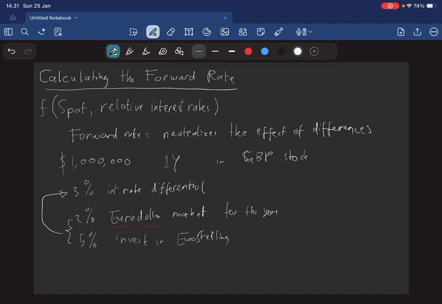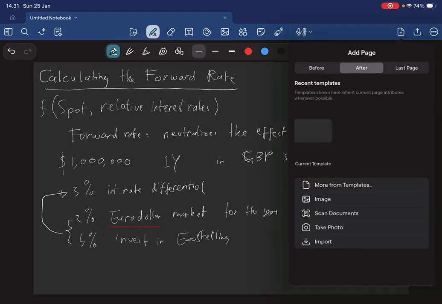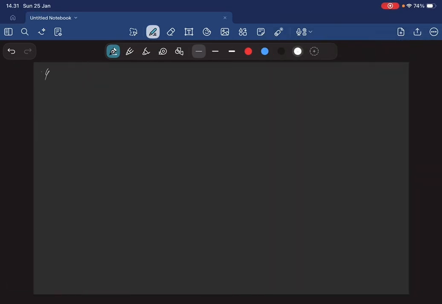In an arbitrage-free market, the forward rate will eliminate the 3% interest rate differential between the dollar and sterling. To determine what forward rate would eliminate the benefit of being invested in sterling, first, determine how much you would earn if you invested in dollars.